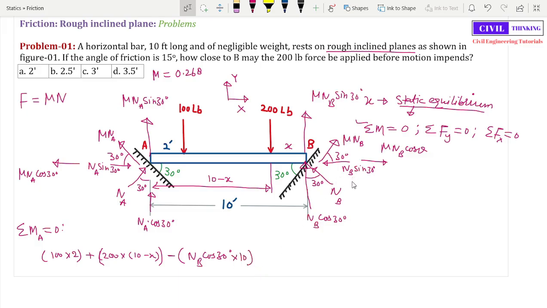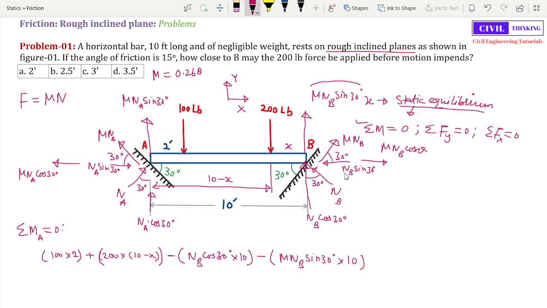Now then we have this mu NB sine 30 degrees. It is upward, so it is going to exert an anti-clockwise moment, right? So it is negative mu NB sine 30 degrees multiplied by, how far is this from A? It is 10 feet, right?